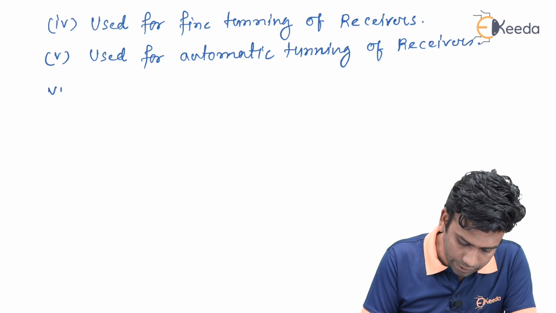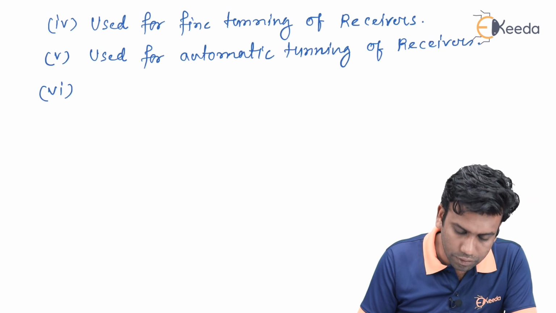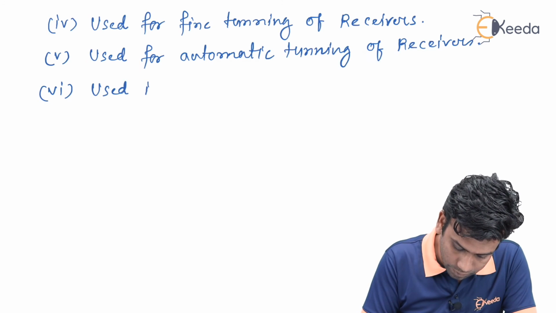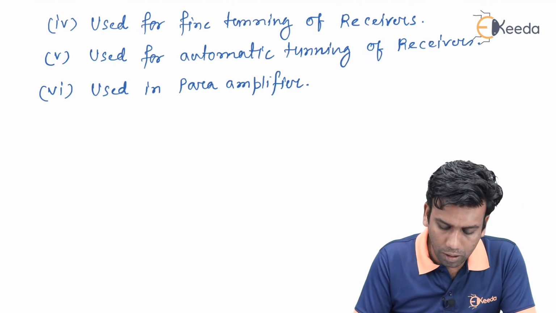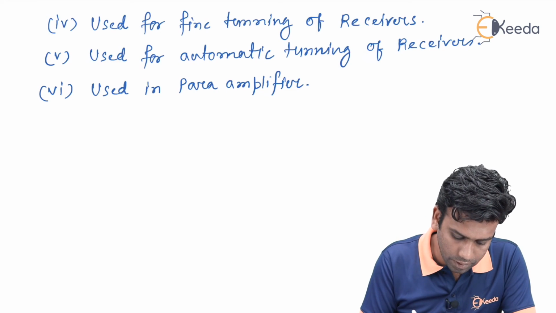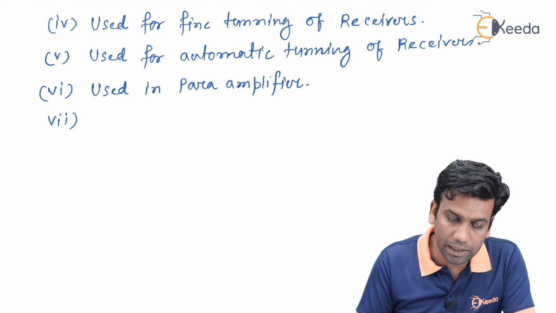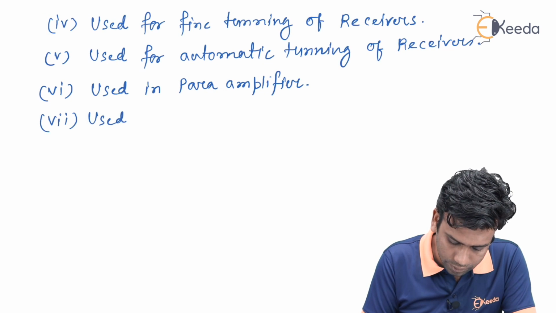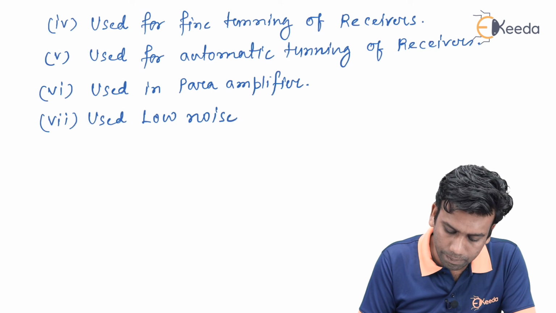The sixth application is that it is also used in para amplifiers or parametric amplifiers. The seventh application is that it is used for low noise microwave power amplifiers.